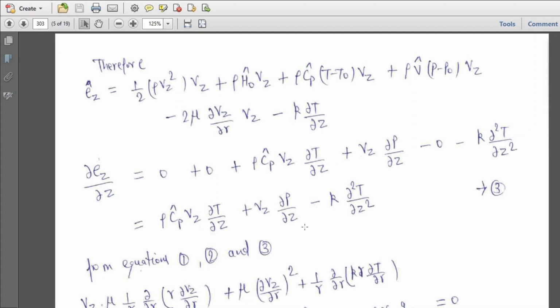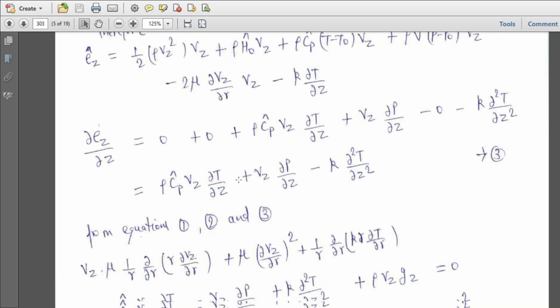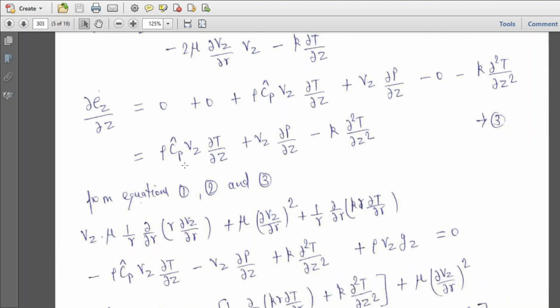Now the second term is this. So from here, by arranging this, you will get rho Cp cap Bz del T upon del Z plus Bz del P upon del Z minus k del square T upon del Z square.